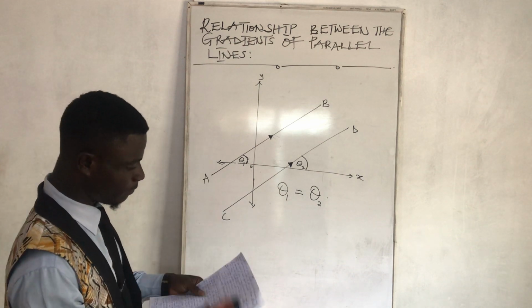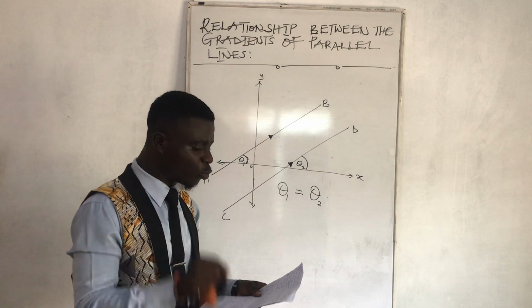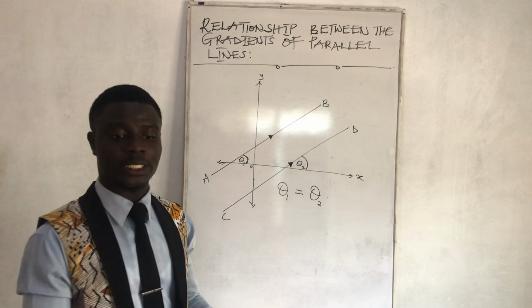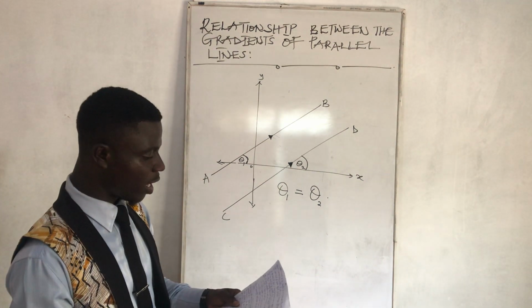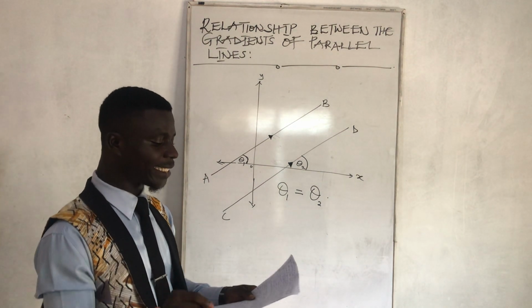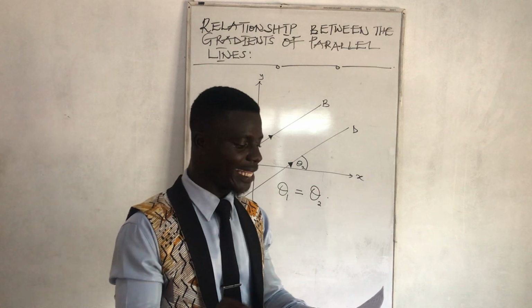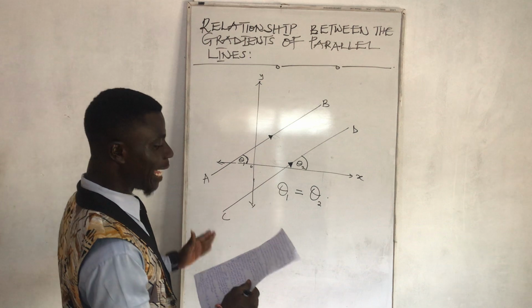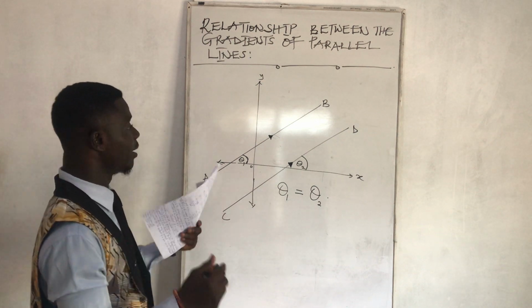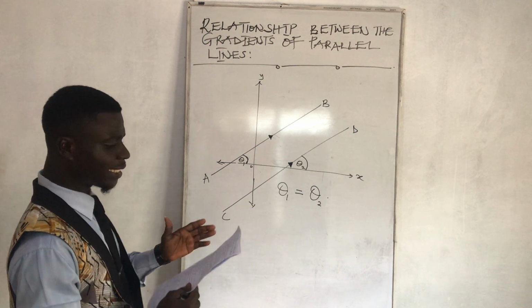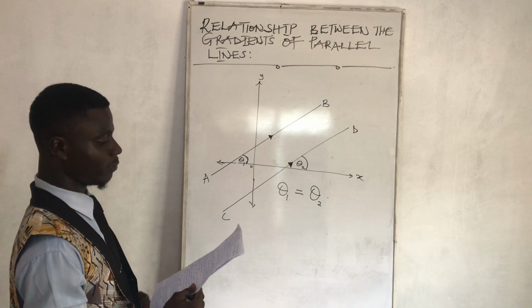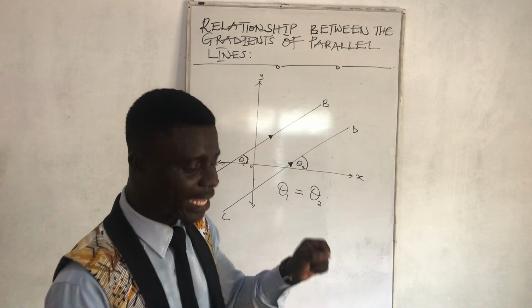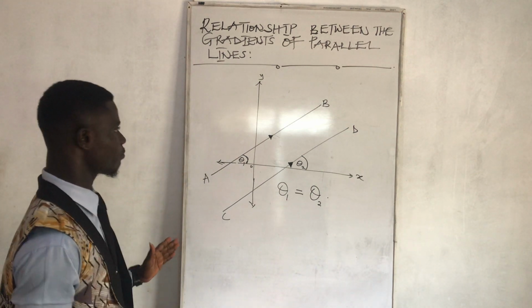In general, if two or more lines have the same or equal gradients, they are said to be parallel.